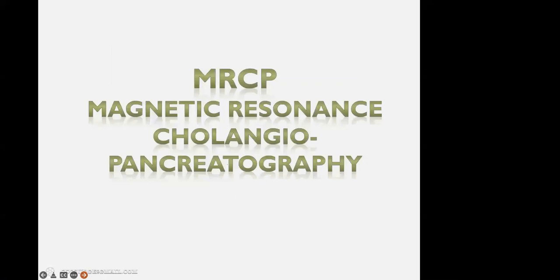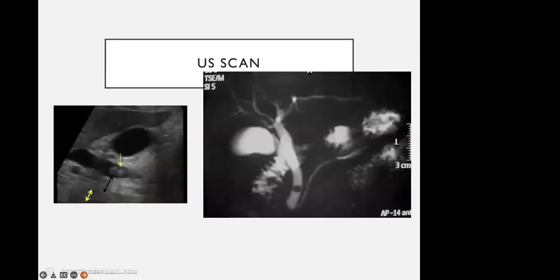If you see on MR here, this is the ultrasonographic visualization of the stone, which is bright or echogenic, and this is the MR counterpart of the same stone. It's not the same patient, these are all borrowed from the literature.